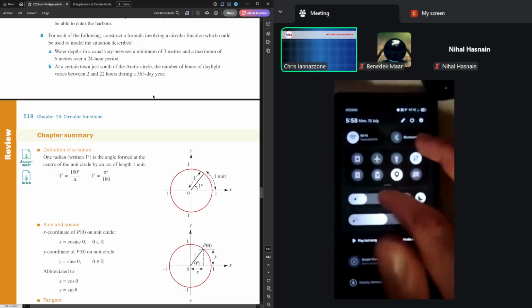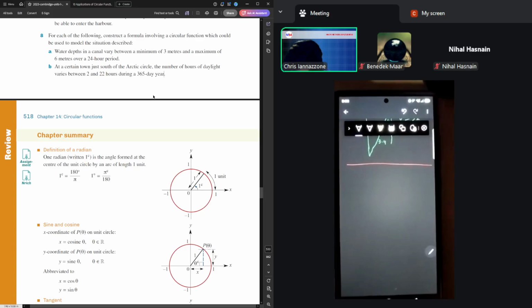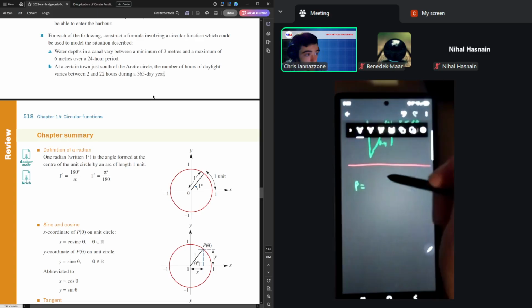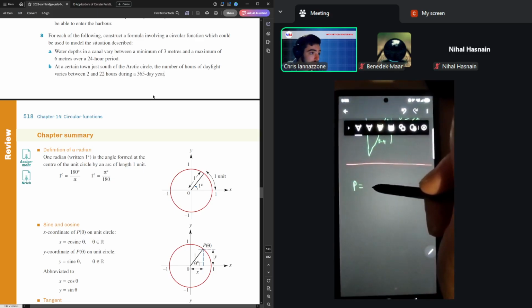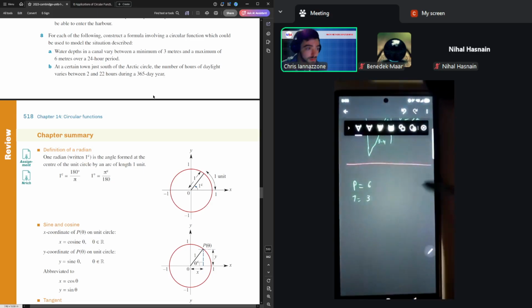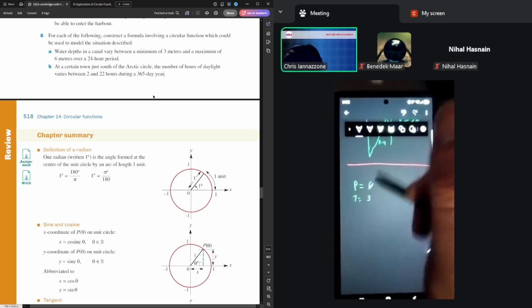Let's turn up this brightness. Okay, now let's just get all the key stuff down, because this is all going to relate to different key terms of our circular function. So we have a peak of 6, maximum of 6 meters. We have a trough of 3, because that's the minimum. And the period, well, I guess I kind of used T already.